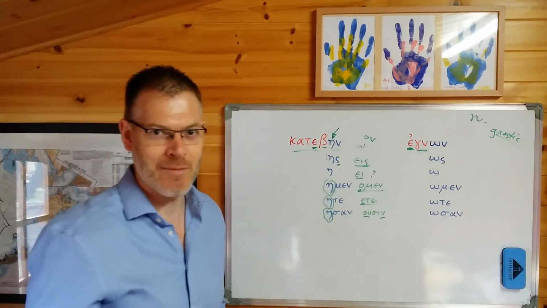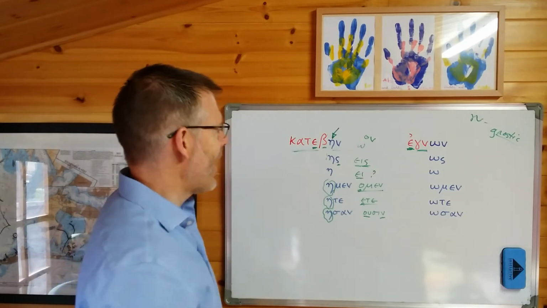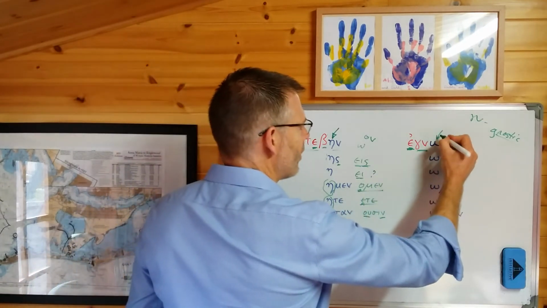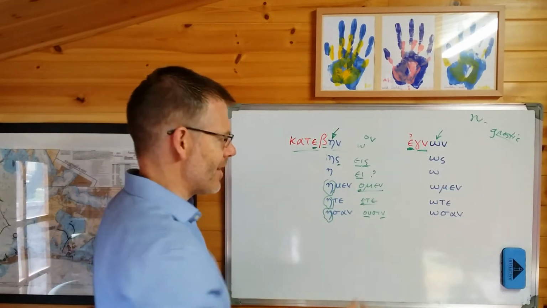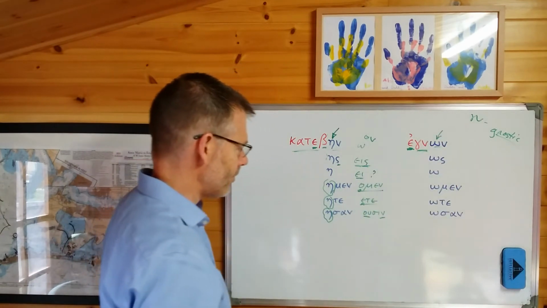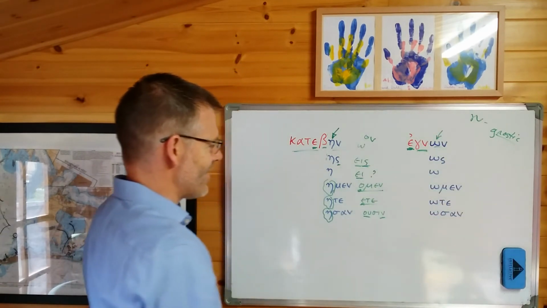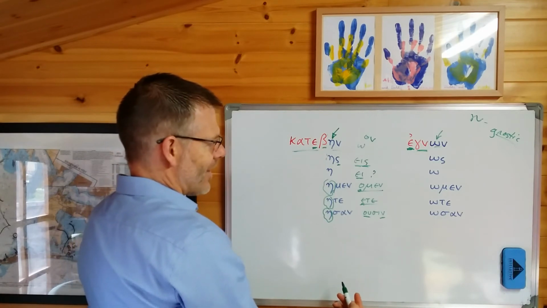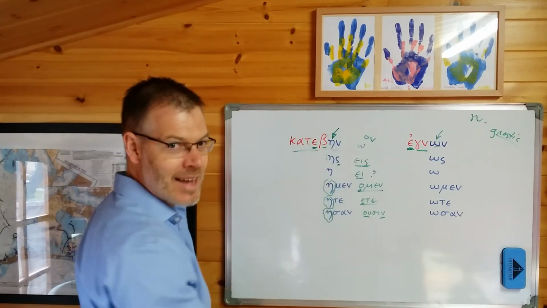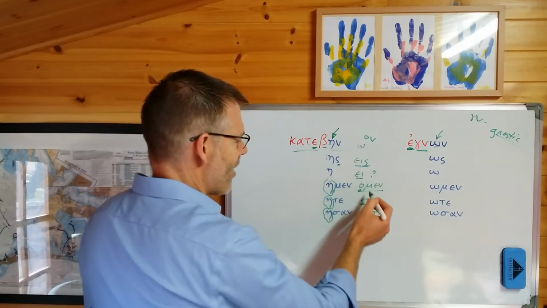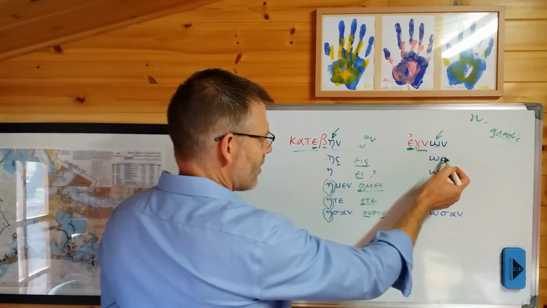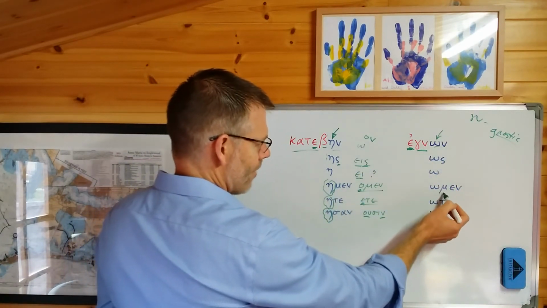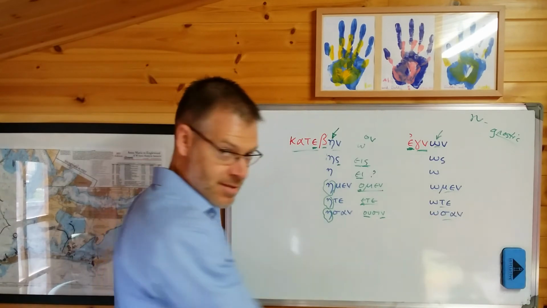Therefore, you'll know something about what a gnostic is. And again, what you've got is the principle of the ending being dominated by this vowel, the omega, and then the rest of these endings follows pretty much, in fact exactly, the same pattern as in katabino: s, the vowel, men, te, san.